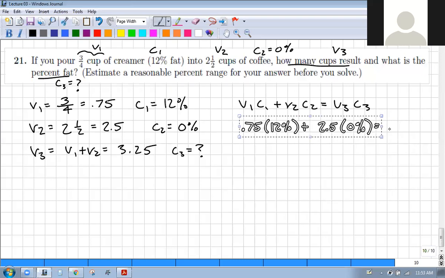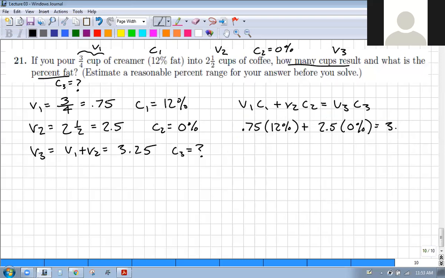And this gives us 3.25 at some concentration. This one here again is just 0. Let's see, 75% of 12%. 12 times 0.75 is 9.